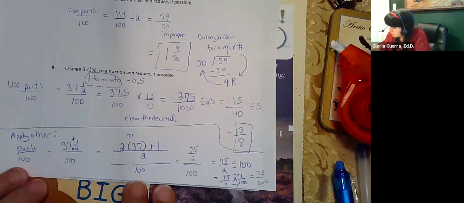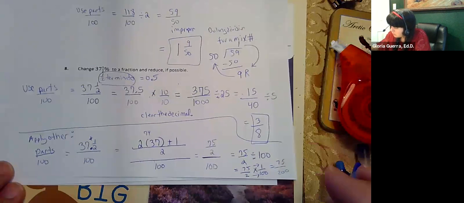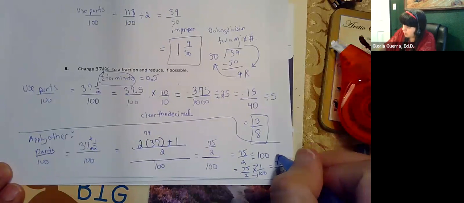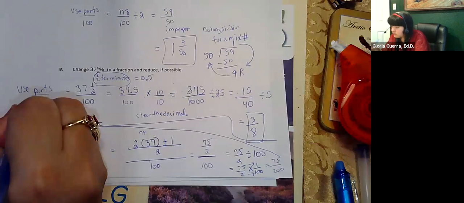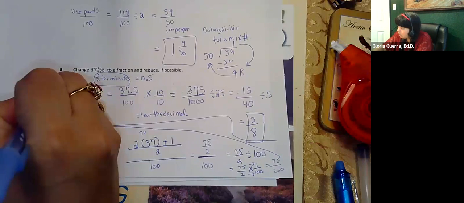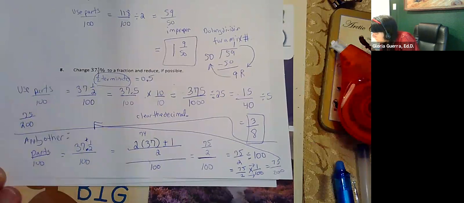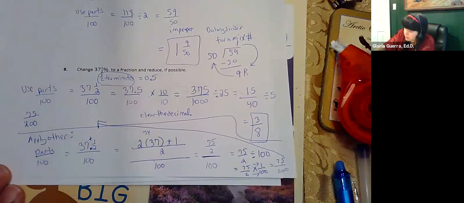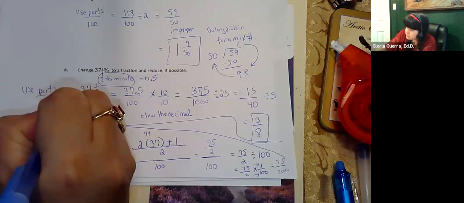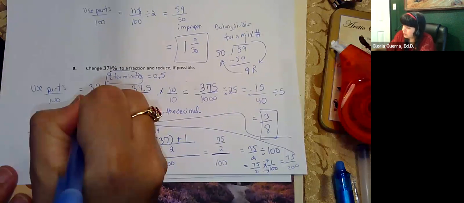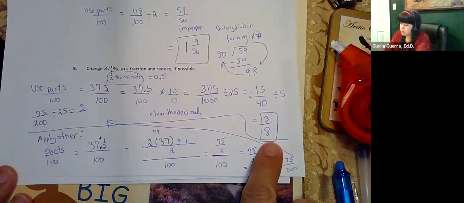So I need to reduce that. I'll put it over here. So I have 75 over 200. And I know I can reduce that probably by 25, right? 25 goes into 75 3 times. So that's good because that matches this result, but we need the 8 also.